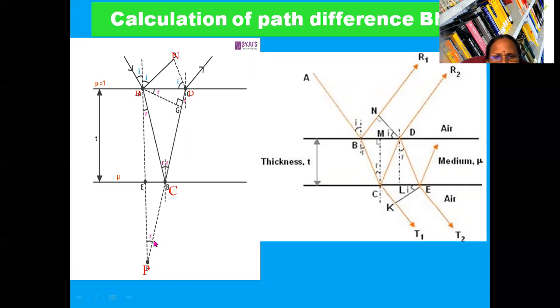So this angle can be shown to be equal to R again. Here you may observe that this angle is R, this angle is also R, and therefore if you consider this triangle BCP, this is an isosceles triangle having two base angles equal. That means this side must be equal to this side, that we are going to consider in the consequent discussions.